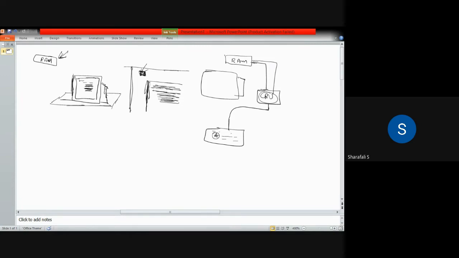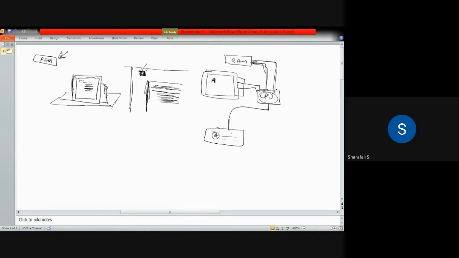Okay, and that CPU will send information both to RAM as well as to the desktop. In the desktop, you have to get something like this, A. When you press the A key on the keyboard, you have to get this kind of display on your monitor. So for that, the CPU will send information to the monitor, as well as store that particular data in RAM.